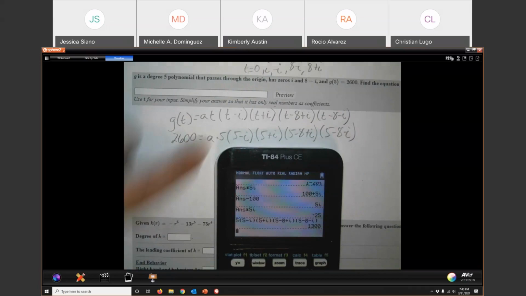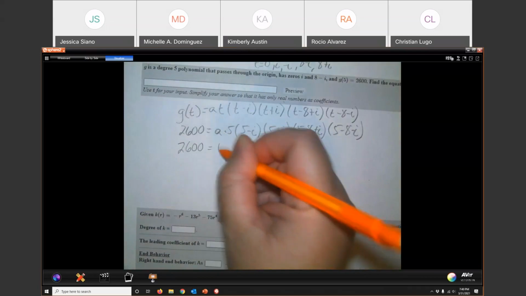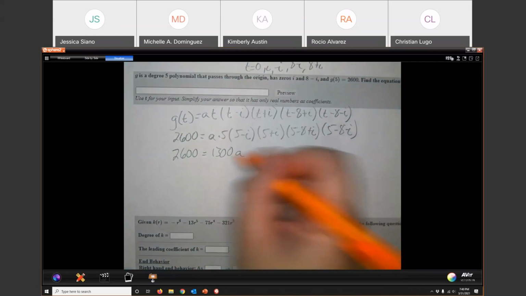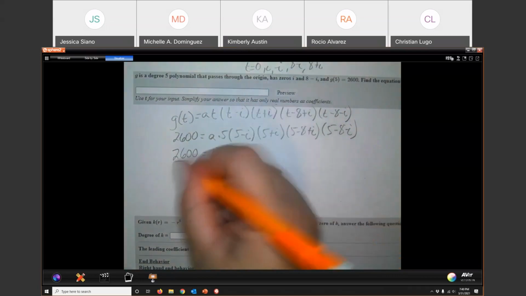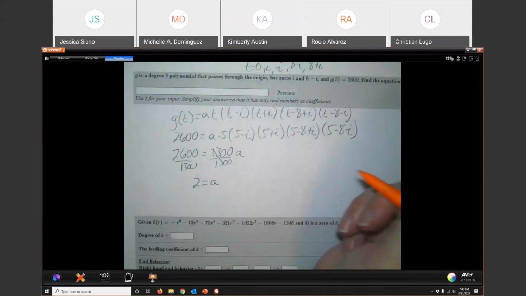Okay, so when I plug in all of that, I get 1300. So then that means I have 2600 equals 1300a. If I divide both sides by 1300, my leading coefficient is 2.